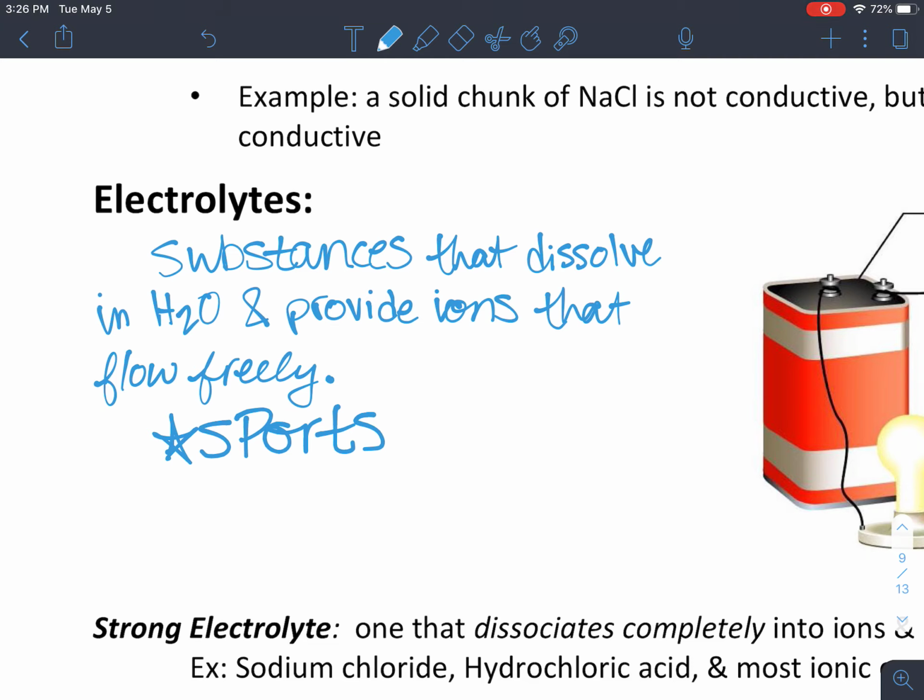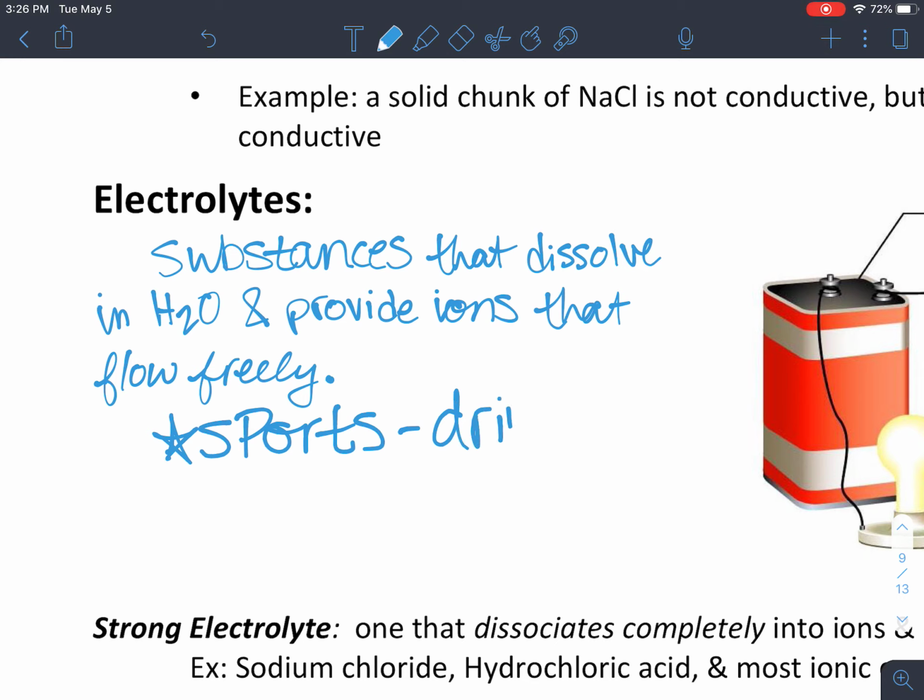Now, if you remember, the term salt is used for an ionic compound. So the fact that we are losing salts along with our sweat, or the water coming out of us, means we're losing electrolytes. Therefore, we have to replenish them. So in sports, we have sports drinks.